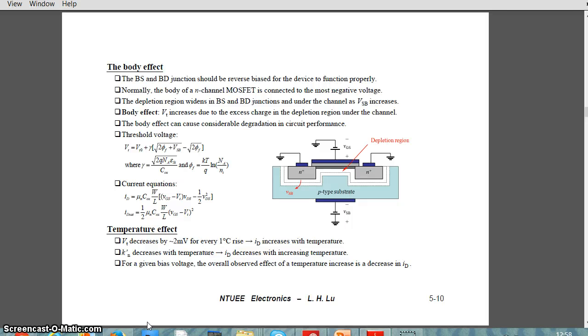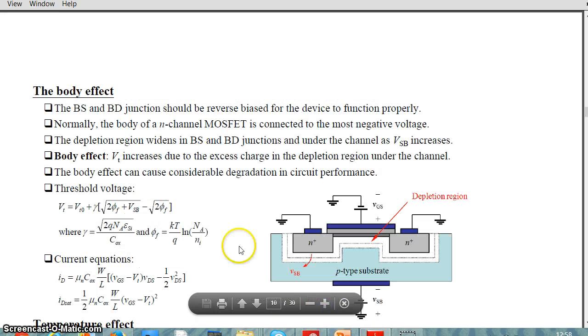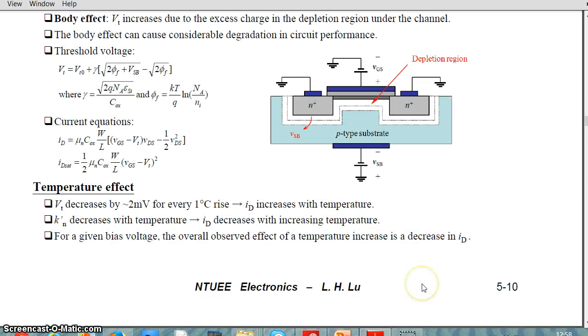The body effect basically means that the threshold voltage increases as the charge in the depletion region under the channel increases. This variation of the threshold voltage can be given by this equation. Here you can see the body effect shows a variation of threshold voltage with the excess charge in the induced layer.